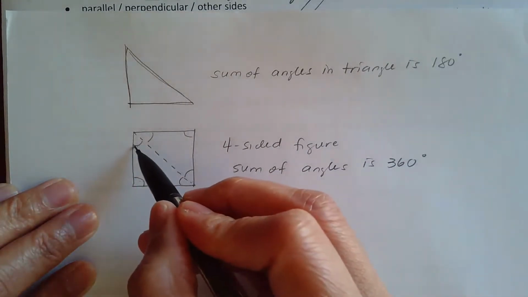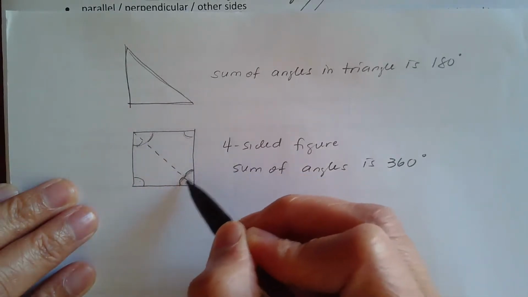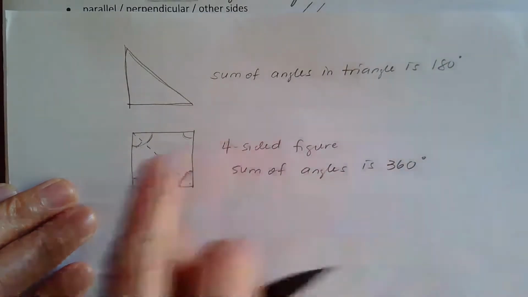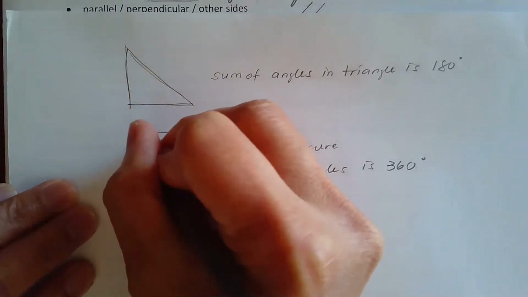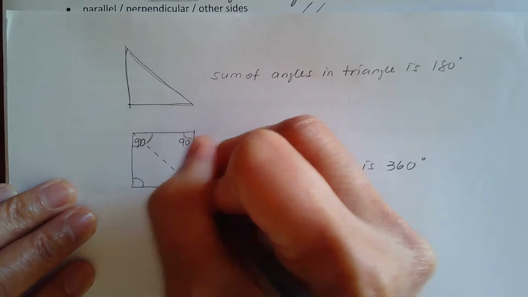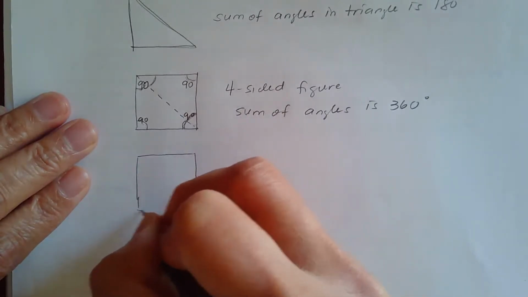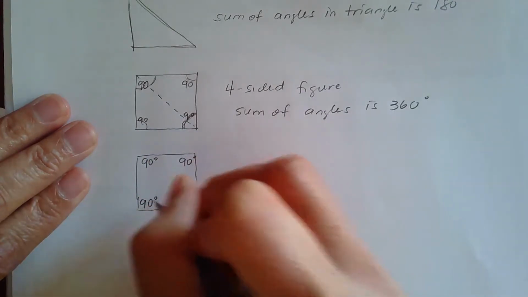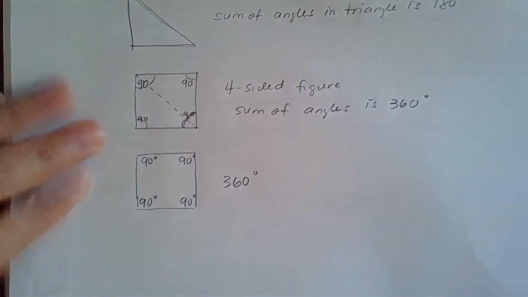So if we add them all together, it's going to add up to 360. That's probably true because if this is a square, this is 90, 90, 90, 90, right? You're probably thinking, oh, that makes sense because a square has 90 degrees on each corner. If we add them all up, it's going to add up to 360.